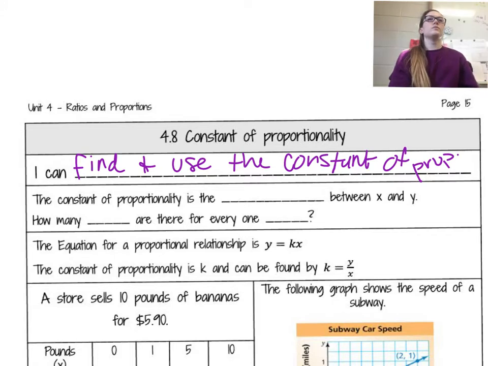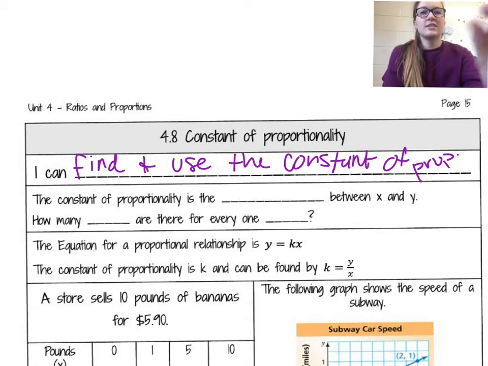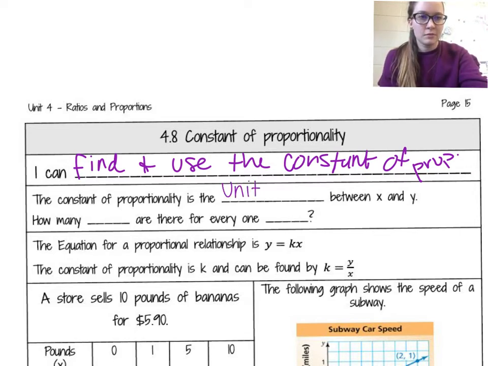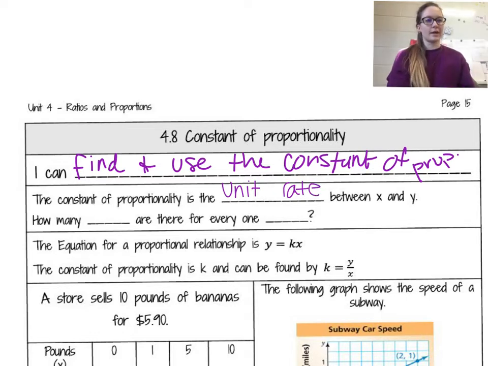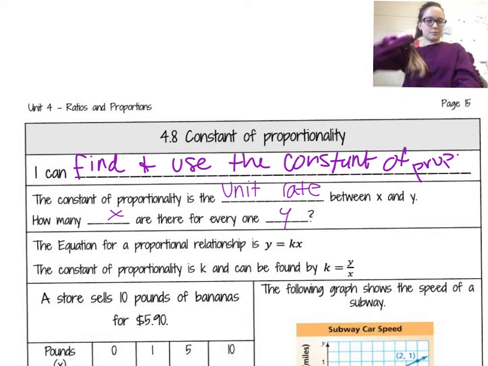Okay, so what does that mean? The constant of proportionality is really just the unit rate between x and y. So how many x's are there for just one y?